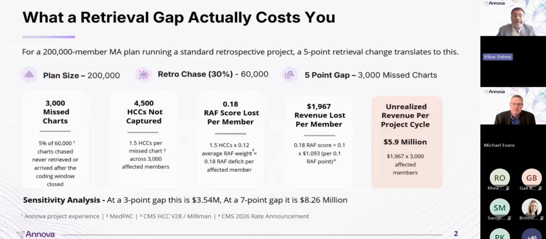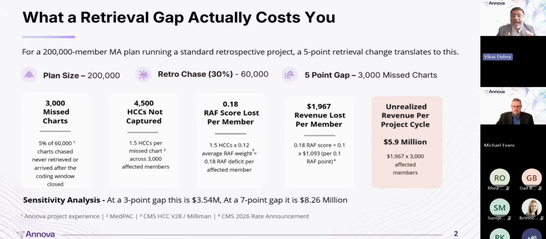Now let's get into dollar details. Let's assume 1.5 HCCs per chart. That's not too much, not too little. That gives you 4,500 missing HCCs. Now, even if I take an average RAF weight of, let's say, 0.12, that means a 0.18 RAF deficit per affected member.